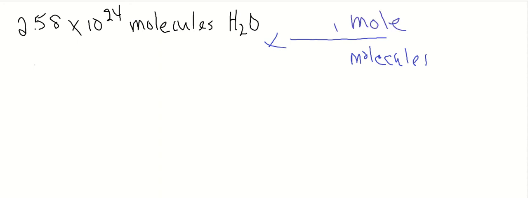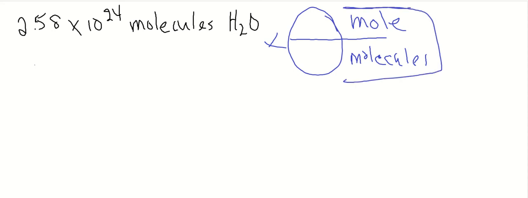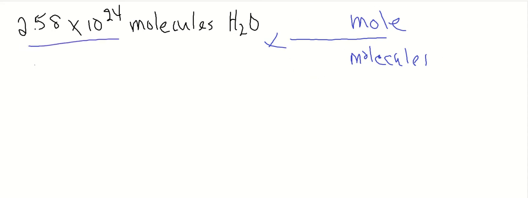So these numbers here have to make this conversion factor equal. Otherwise, you're changing the value. That's not allowed. The way this equals each other is 1 mole is equal to 6.02 times 10 to the 23rd of anything.